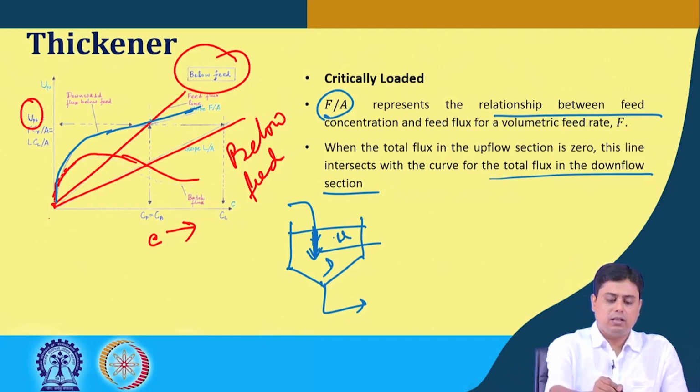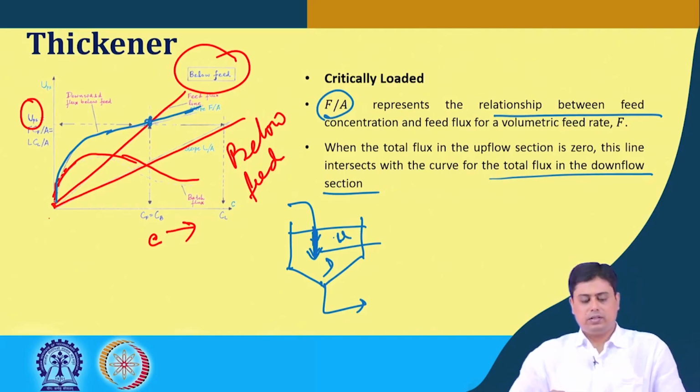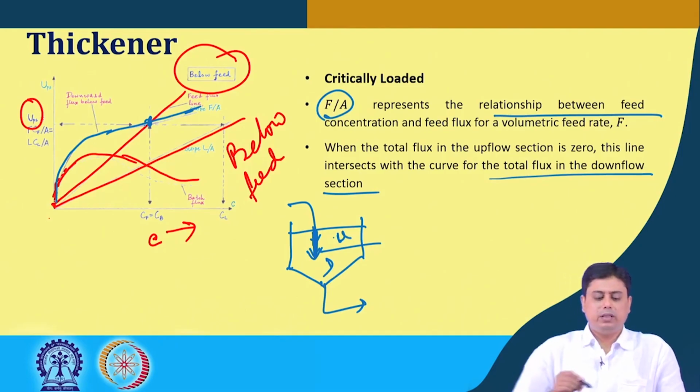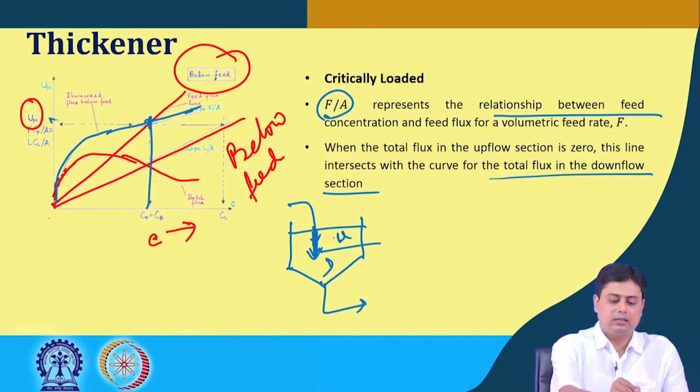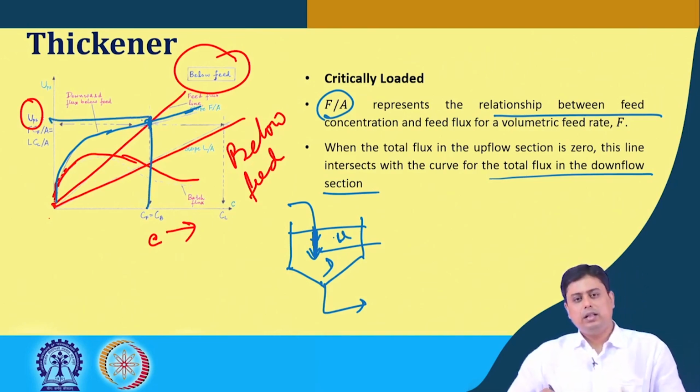which means this intersection point tells us that this is a critical value where, if you operate the thickener with this concentration and this flux rate, there would be no net total flux in the upflow section.